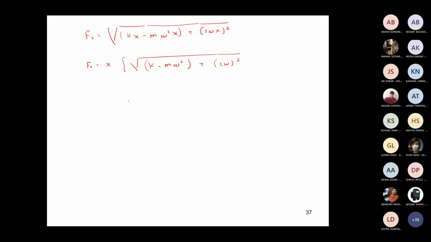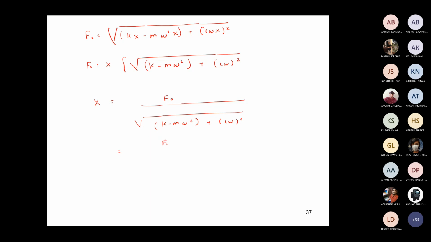Alright. So let's take x on one side. So x is equal to F0 divided by square root of (k minus m omega square) whole square plus (c omega) whole square. Right. So let's take k outside.